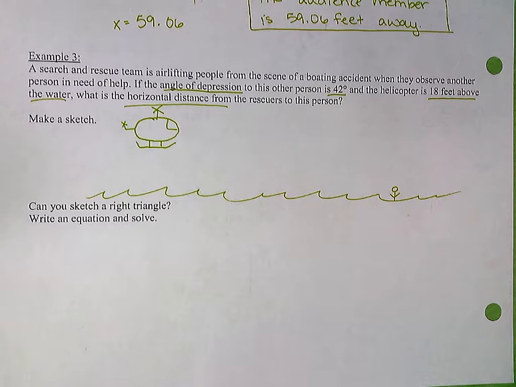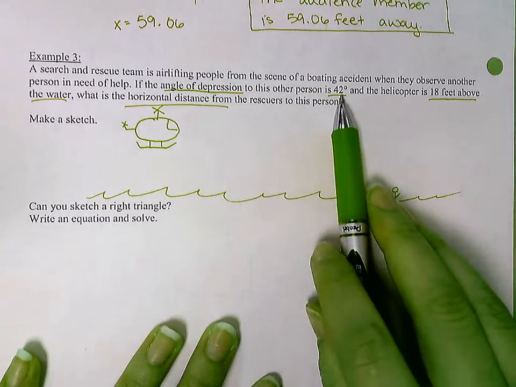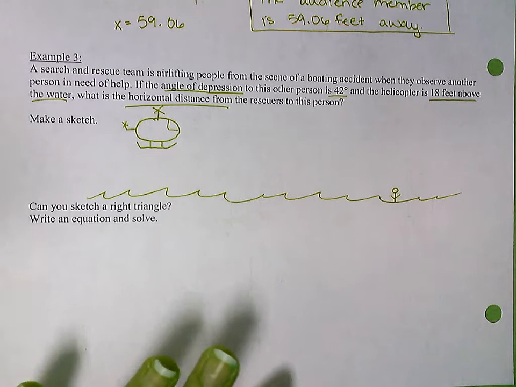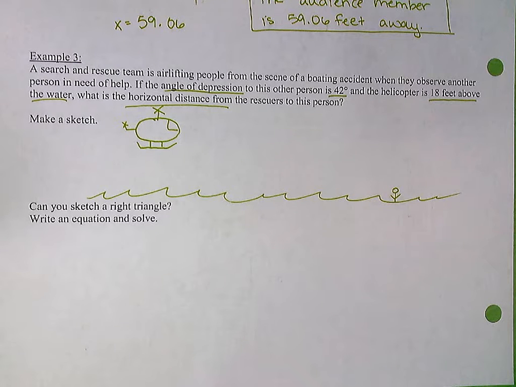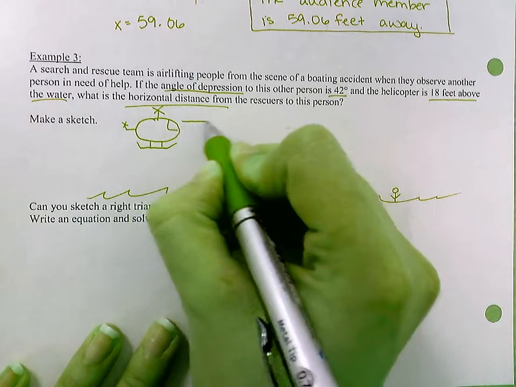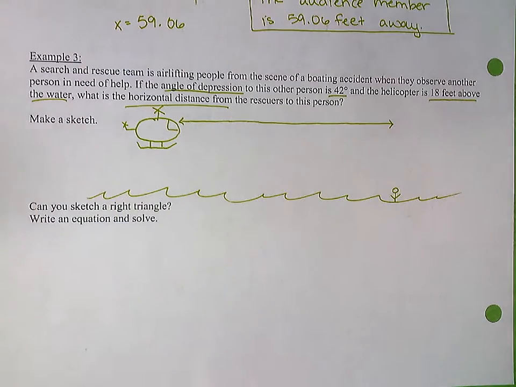Now we know the angle of depression to the person from the helicopter is 42 degrees. To create that angle, you need that horizontal distance off of whatever's looking down at something. So our horizontal comes off of that helicopter because they're the ones looking down.